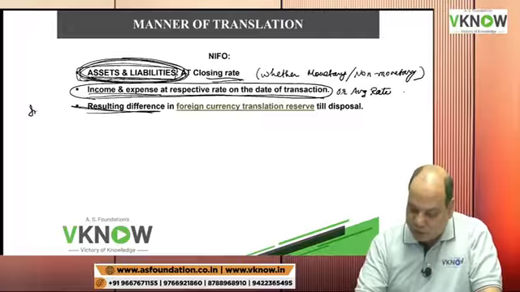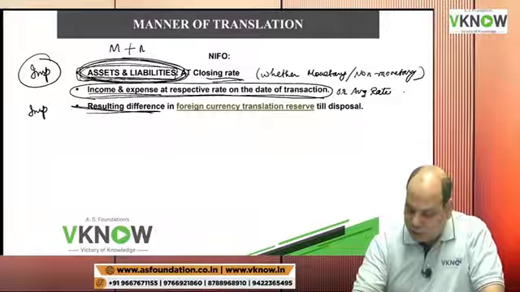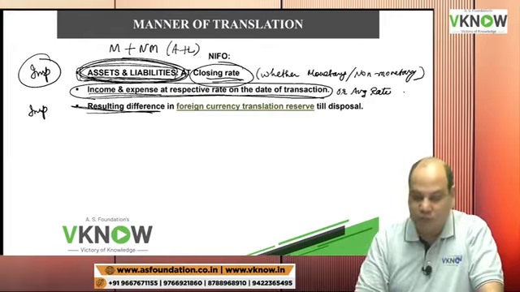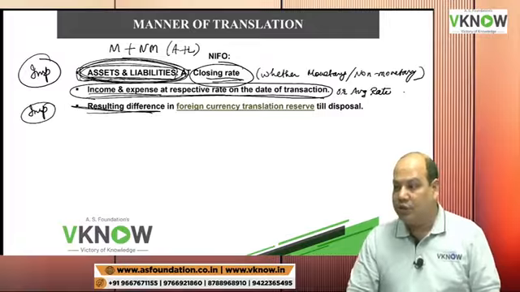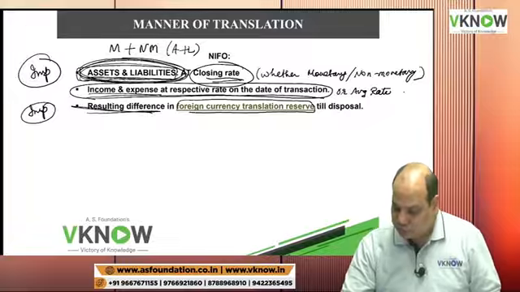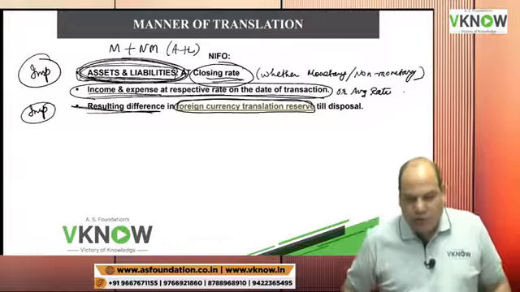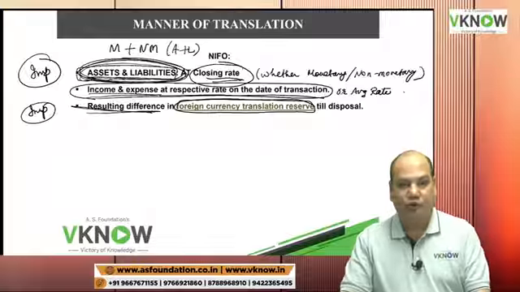Now, this is an important point. Two important points are there. First, monetary and non-monetary assets and liabilities will be converted at the closing rate. The second important point is that the exchange difference which arises will be transferred to the foreign currency translation reserve till disposal.